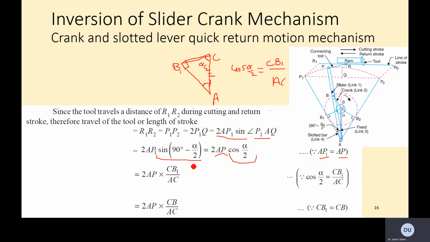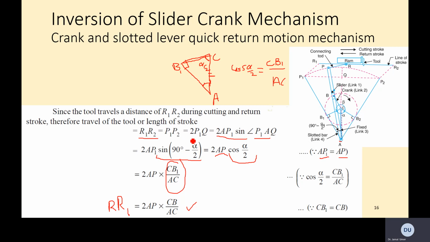That's why we got this conversion here. And because CB1 and CB2 are basically the same lengths, as B is the maximum point, you can just write CB. So instead of CB1, you're writing CB. Now if you write on the right side, this is RR1 basically.